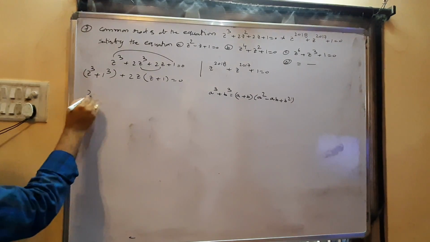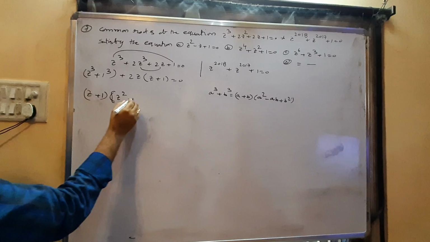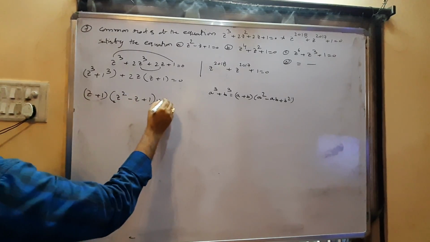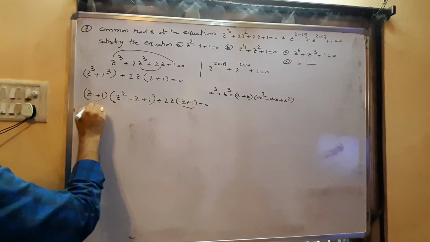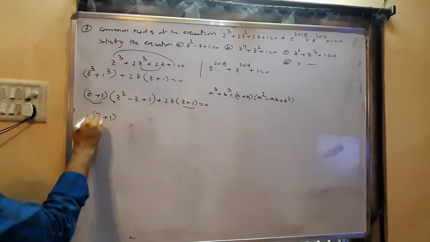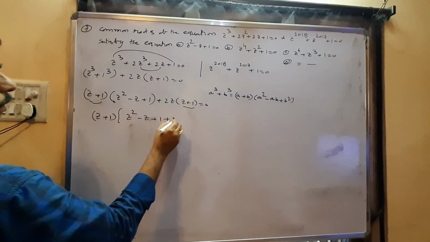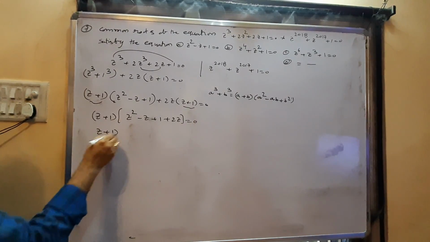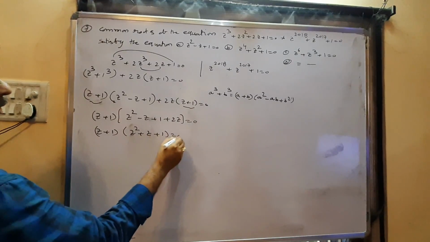So this is (z plus 1)(z^2 minus z plus 1) plus 2z(z plus 1) equal to 0. Taking z plus 1 common, z^2 minus z plus 1 plus 2z equal to 0. Then (z plus 1)(z^2 plus z plus 1) equal to 0.